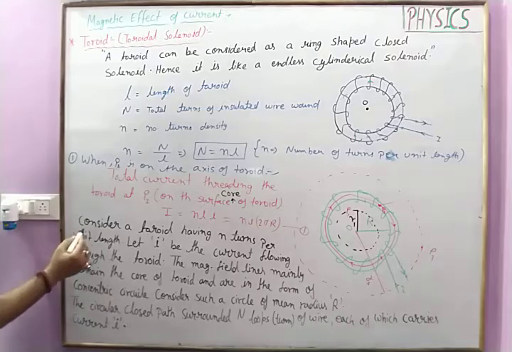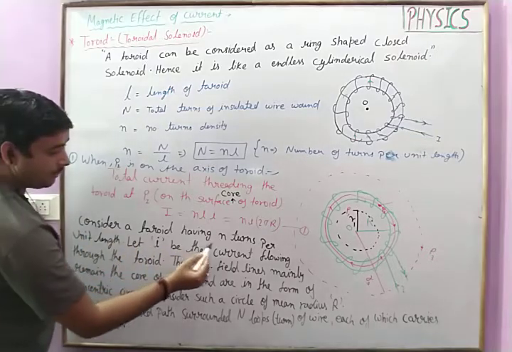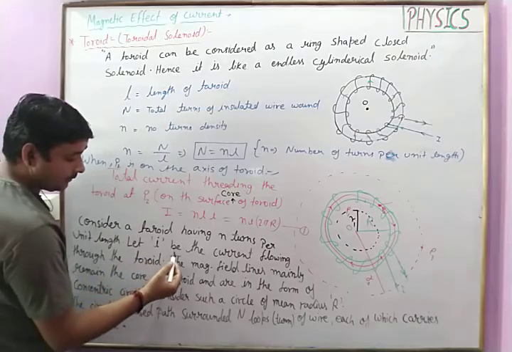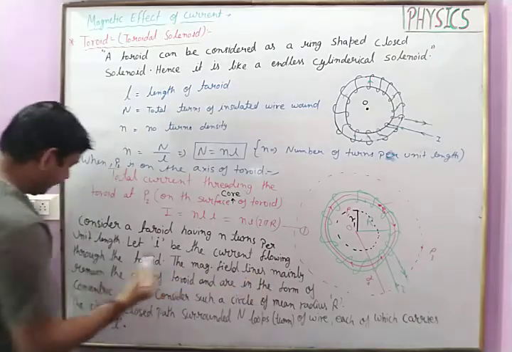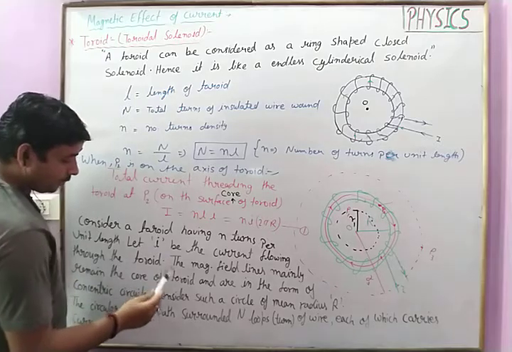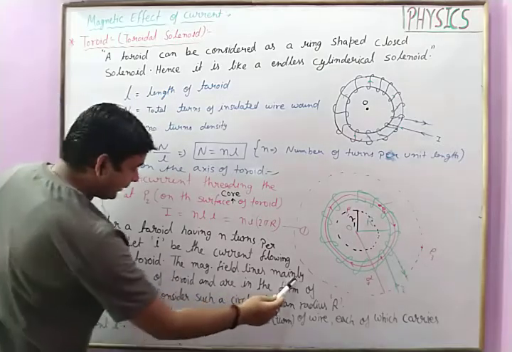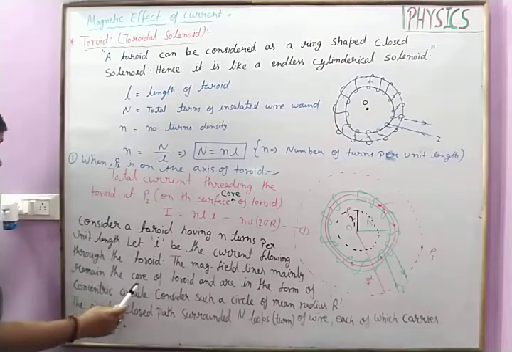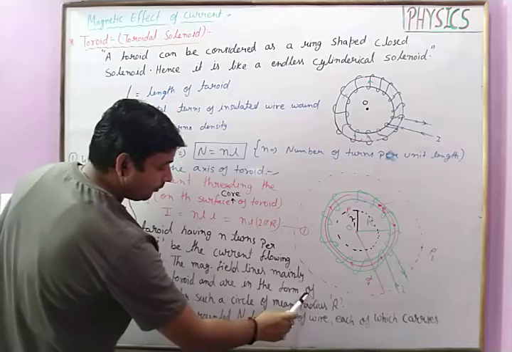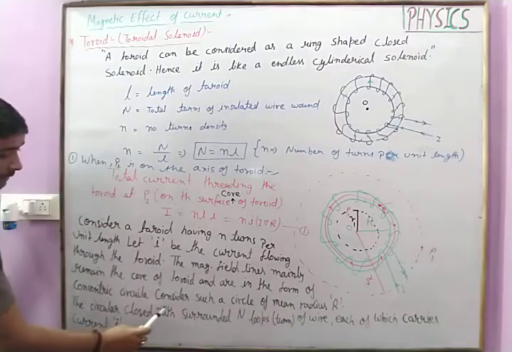Now consider a toroid having n turns per unit length. Let I be the current flowing through the toroid. Therefore the magnetic field lines mainly remain in the core of the toroid and are in the form of concentric circles.